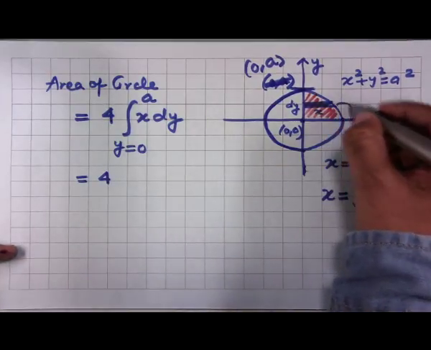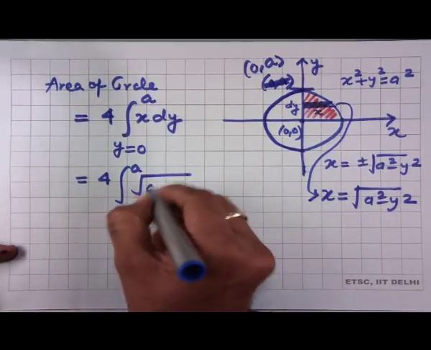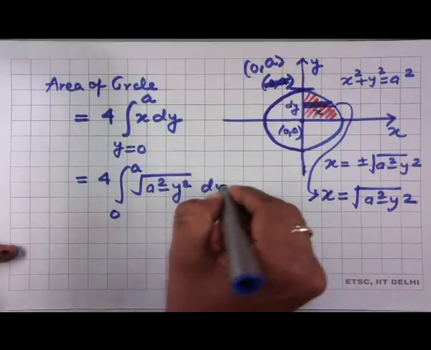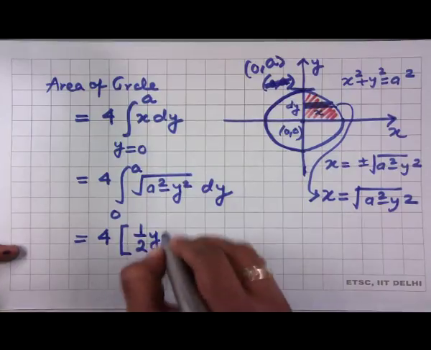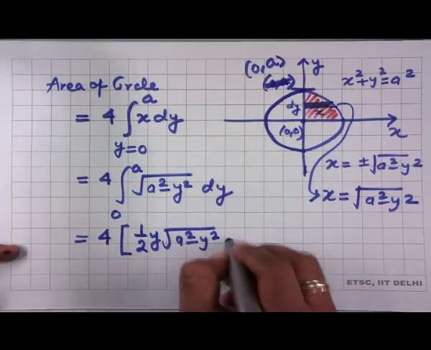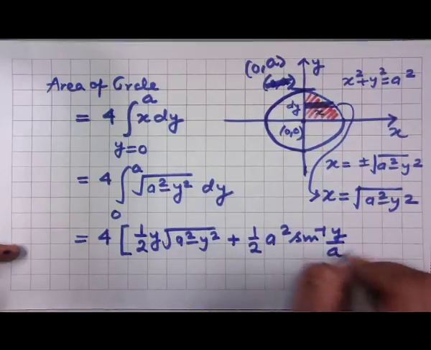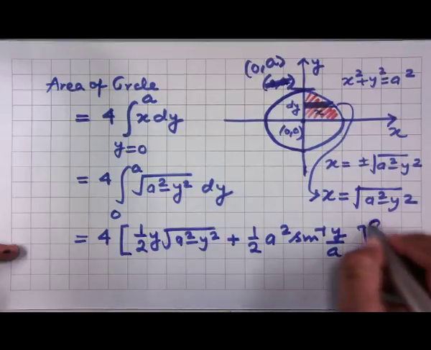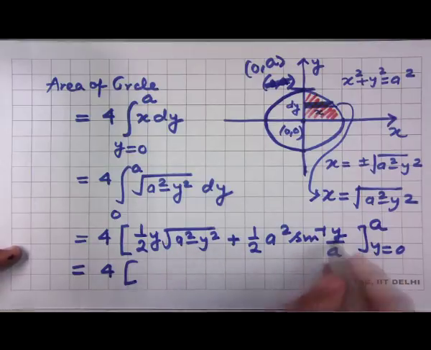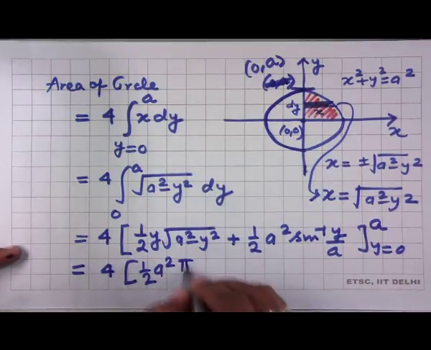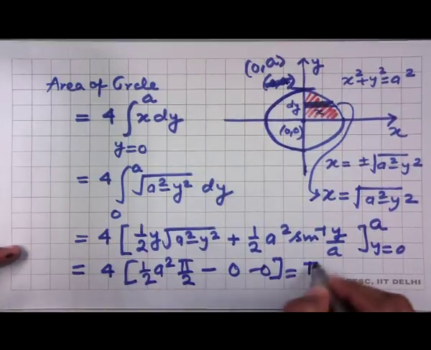So for this branch, 0 to a under root a square minus y square dy. Again by using the same formula, 1 by 2 y under root a square minus y square plus 1 by 2 a square sin inverse y by a, y goes from 0 to a. So at a it will be 0 and at a this will give you 1 by 2 a square pi by 2, and at 0 it will be 0. So you get again pi a square.